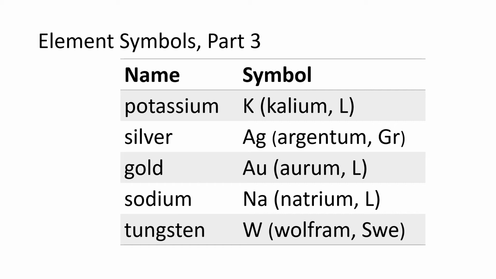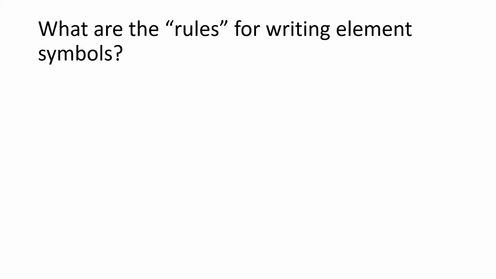They are following our same convention that if it's a single letter, it's a capital. If it's two letters, the first is capital, the second is lowercase. But the letters are being pulled from the name of the element in a different language. Now that we've looked at a bunch of different elements, let's write out the rules that we came up with. So the first rule is that the first letter is capital.